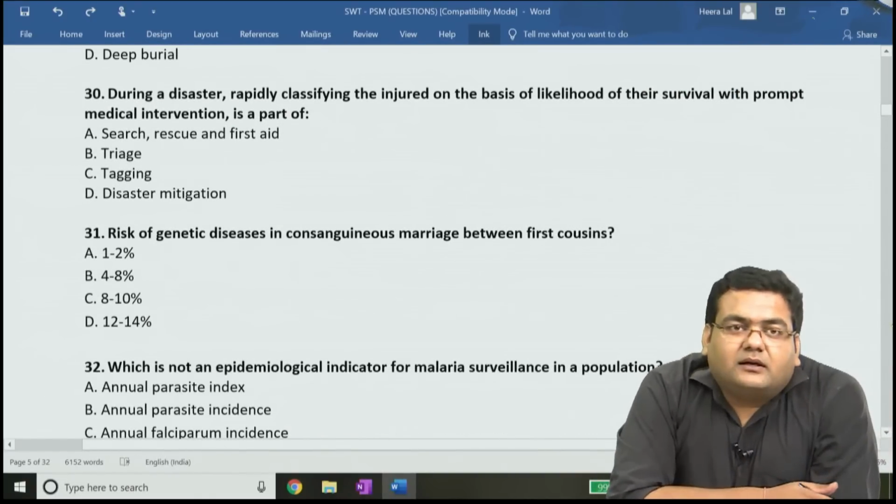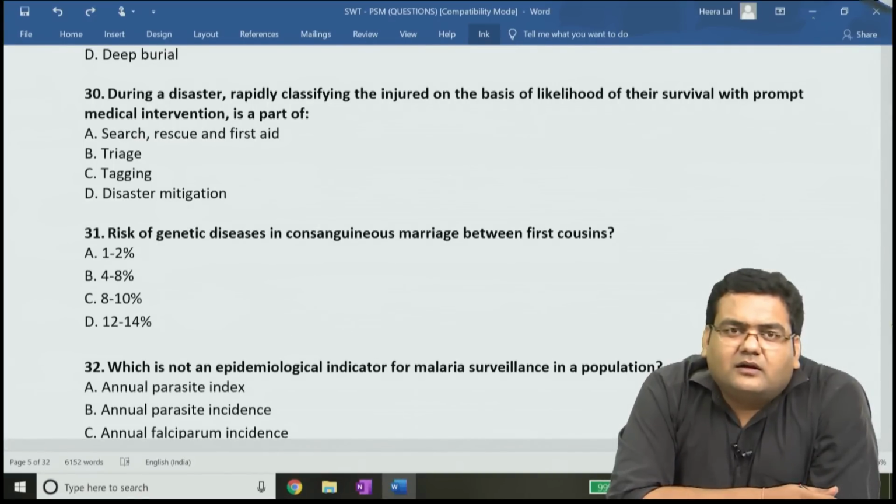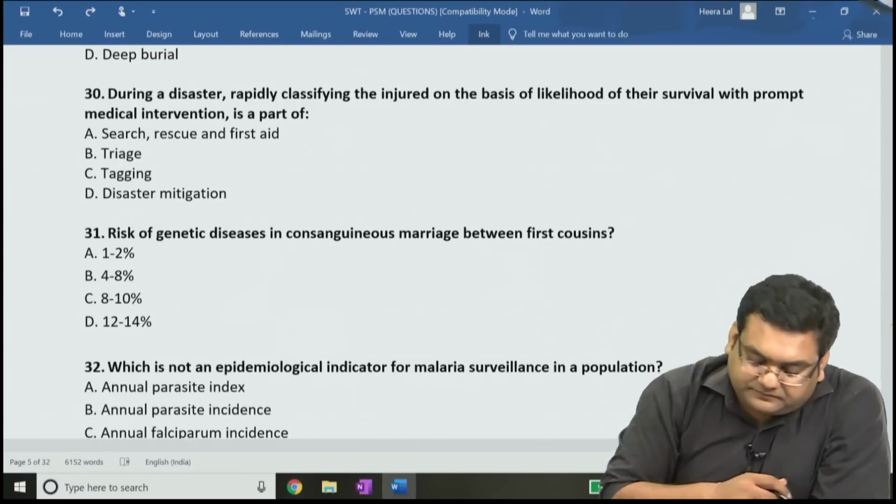Question number 30. During a disaster, rapidly classifying the injured on the basis of likelihood of the survival with prompt medical intervention is a part of. The correct answer is option B, that is triage.